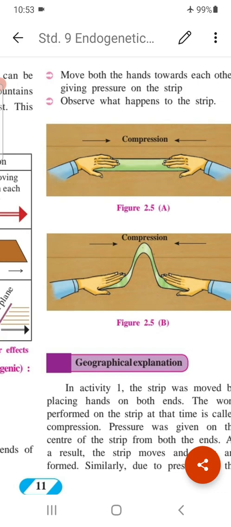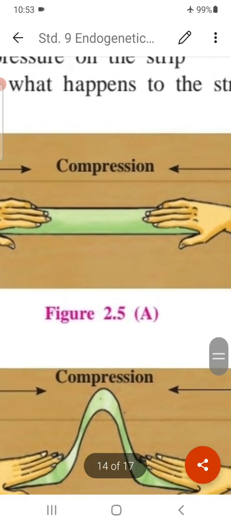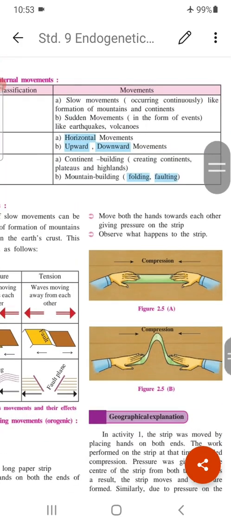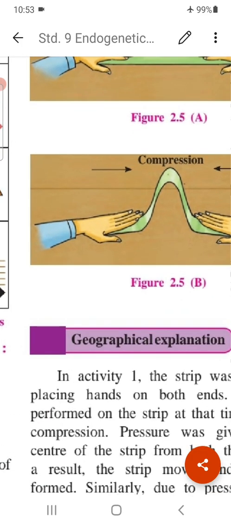We had given pressure from both the ends coming towards each other, in this direction of the arrows. See here, arrows. This is how you should put pressure on it. Then only folds are formed. Fine. So as a result, the strip moves and folds are formed. Look at this. Fine. The strip moves and folds are formed.